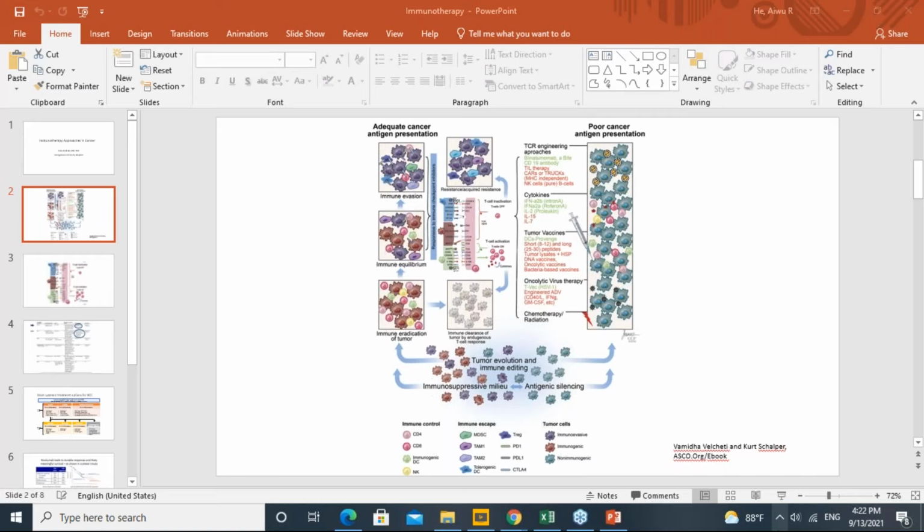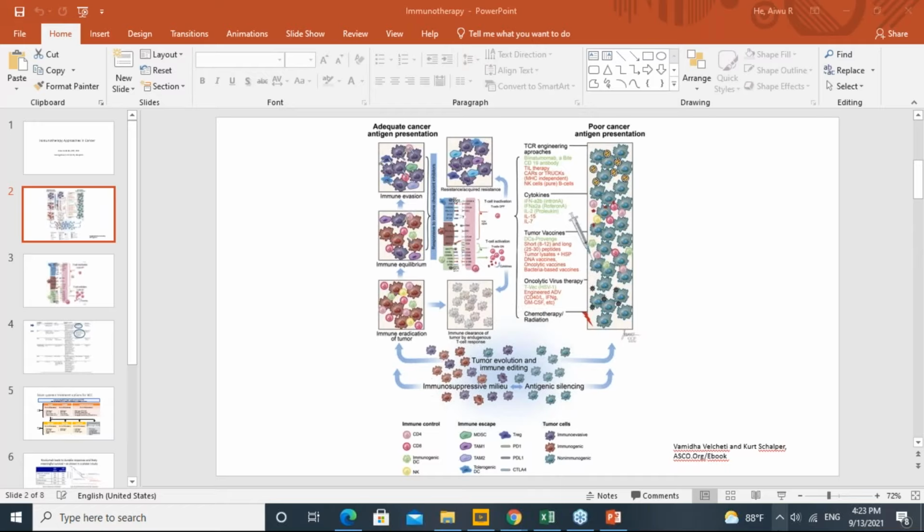But it's quite toxic, and now there are second and third generation cytokines that are better tolerated and also under development for that purpose. Basically, they try to induce an immune response against tumor. So if the tumor has adequate cancer antigen presentation, how can we overcome the immune evasion?